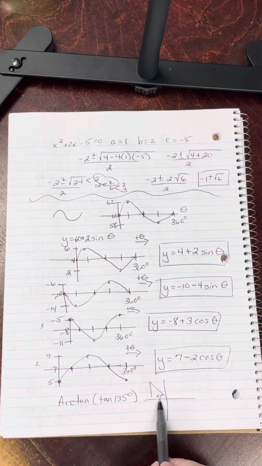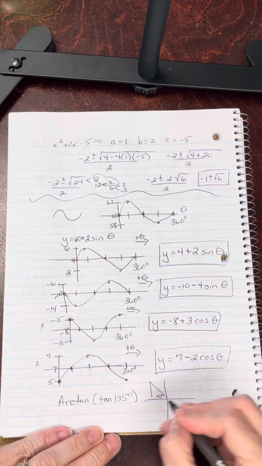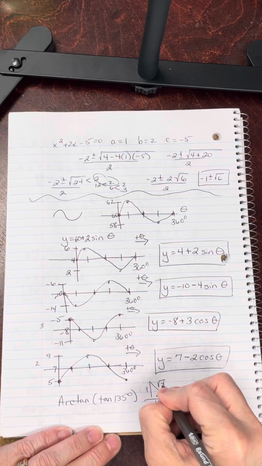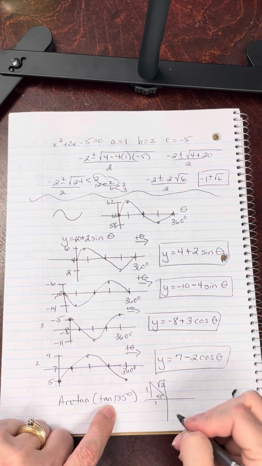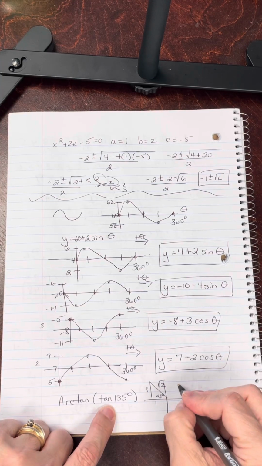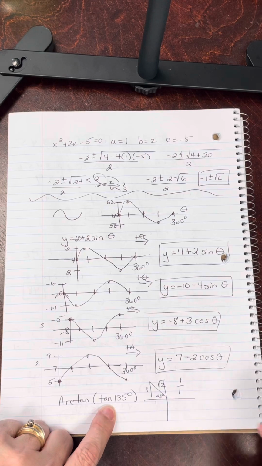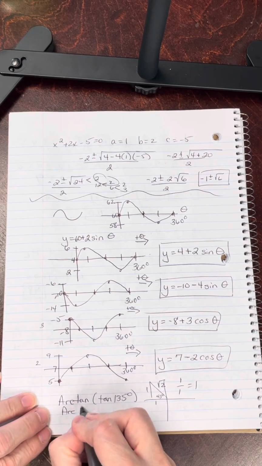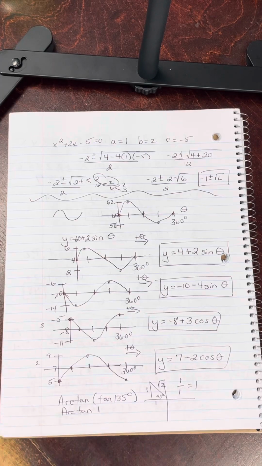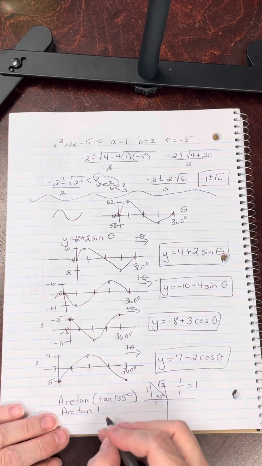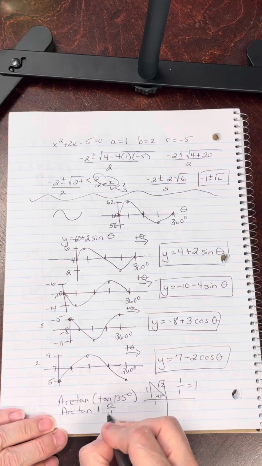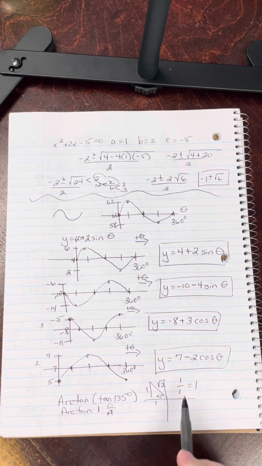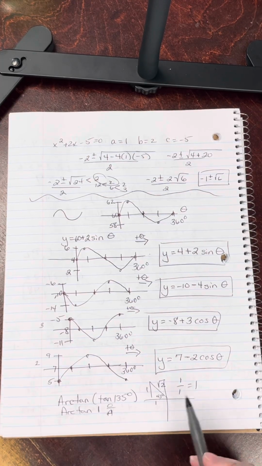So here is the degree, and if I were labeling it 1, 1, radical 2, then the tangent of that would be TOA, opposite over adjacent, 1 over 1, so that would be 1. And then it's asking for what is the degree for 1 with the word tangent. Well, tangent is still opposite over adjacent, and if I graph 1, I would graph it in a different location.